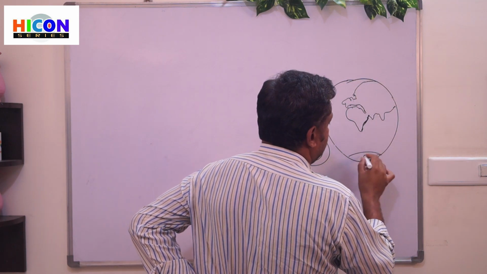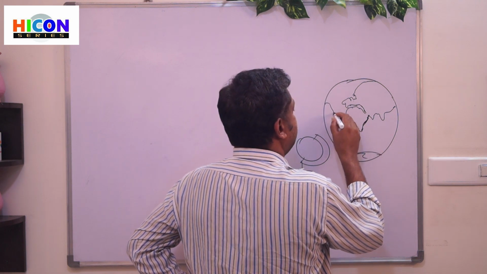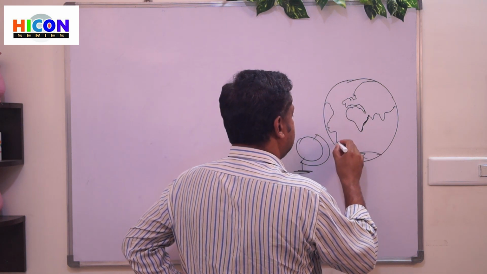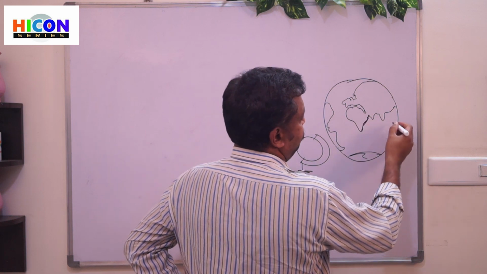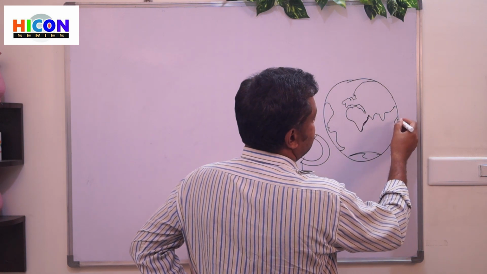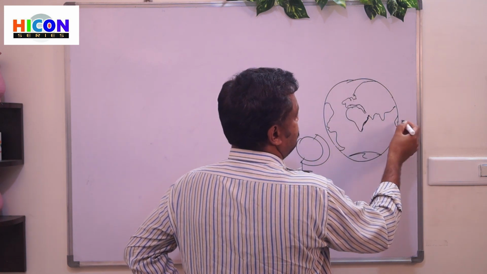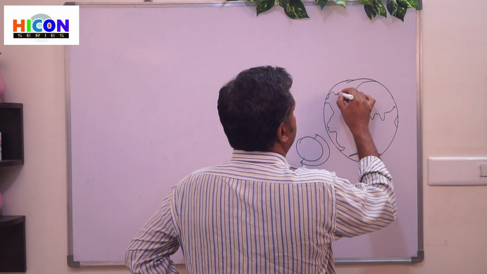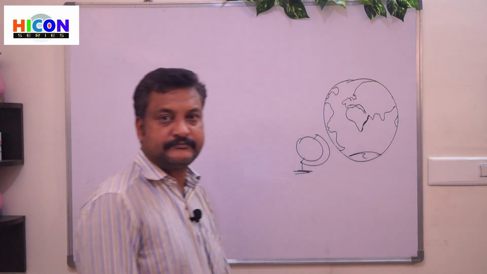Okay, this is Antarctica, and here we will have a small portion of Australia and the Greenland island.